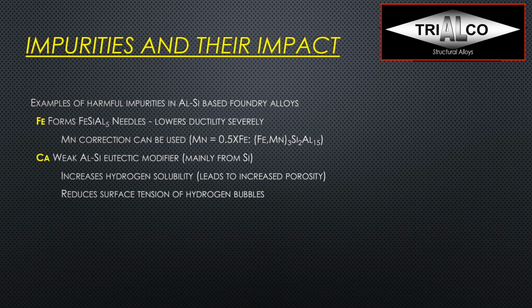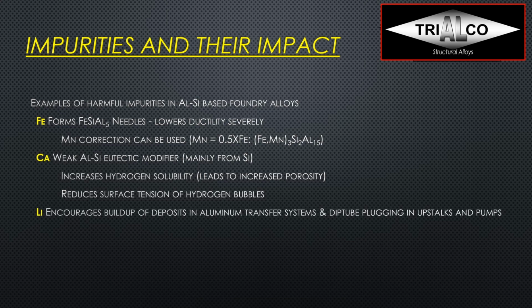Calcium, for example, is a weak aluminum silicon eutectic modifier. It comes mainly from silicon addition, and it increases hydrogen solubility and reduces surface tension, and therefore it makes the hydrogen bubbles even bigger, and it leads to increased porosity. So if we know this is a problem for us, maybe we want to specify a certain ppm level in our incoming metal.